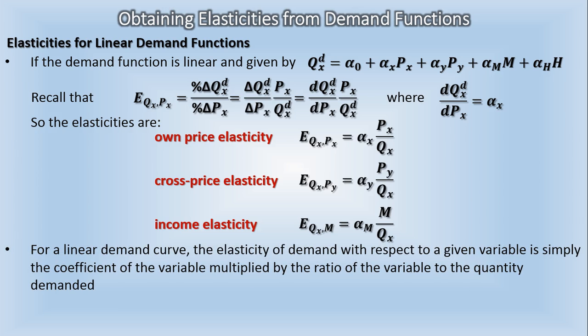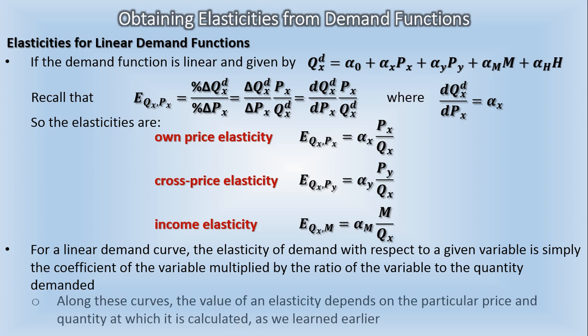So for a linear curve, the elasticity of demand with respect to a given variable is simply the coefficient of the variable multiplied by the ratio of the variable to the quantity demanded. So that is a relationship between the elasticities and the demand function of a linear demand function.